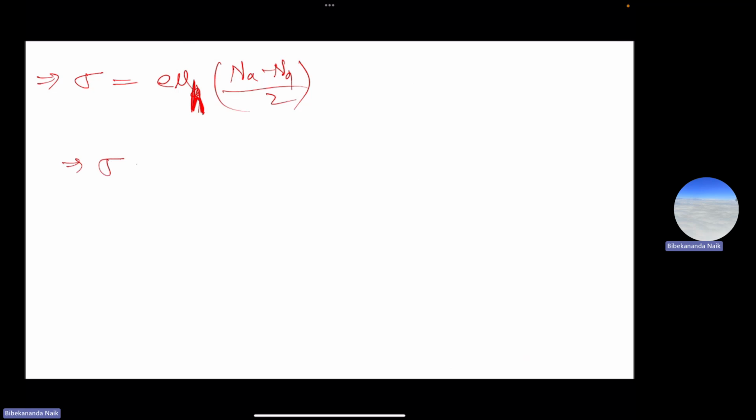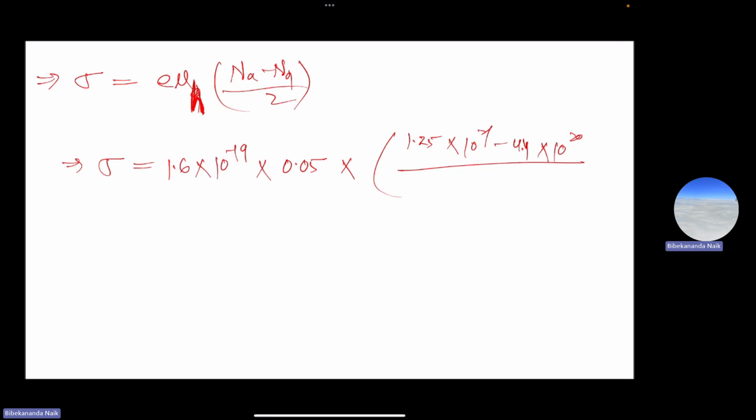So sigma will be 1.6 into 10 to the power minus 19 into 0.05 into (1.25 into 10 to the power 21 minus 4.4 into 10 to the power 20) divided by 2.